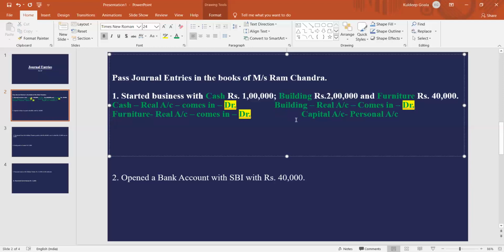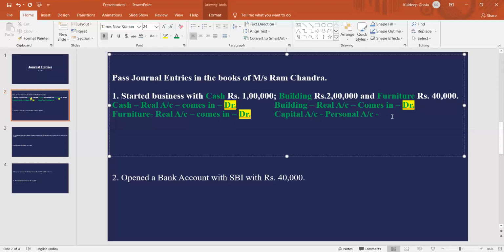Now next comes building. Okay, building is over. Next comes the capital. Capital belongs to personal account, and the personal account rule says debit the receiver, credit the giver. Whoever is receiving the thing will be debit, whoever is giving the thing will be credit. So capital belongs to whose account? Owner account. And what he is doing with the business, we have to relate with the business every time, right?